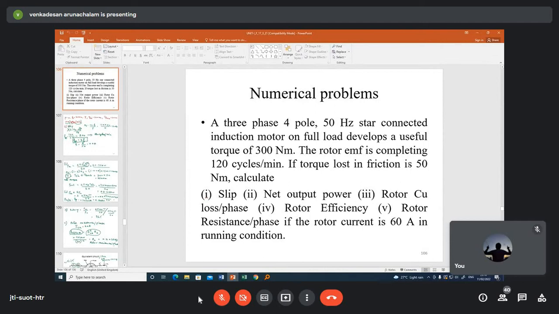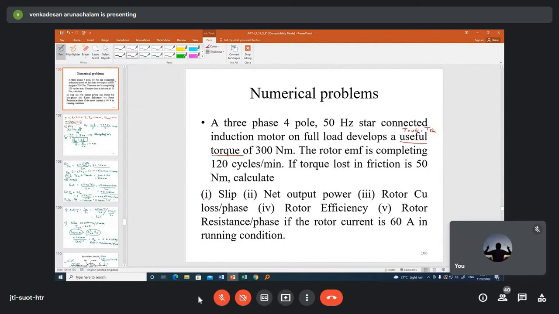You have to note down that. So this useful torque is nothing but T out or T shaft. That is the final output torque. That is 300 Newton meter.